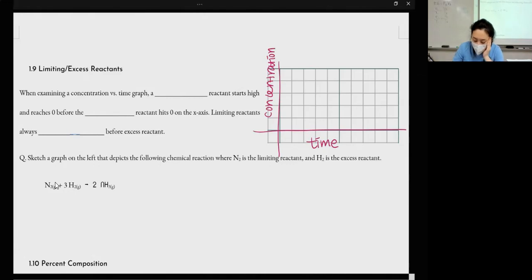Some reactant starts high and reaches zero before the other reactant hits zero on the x-axis.